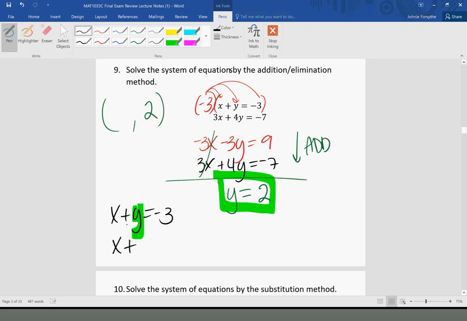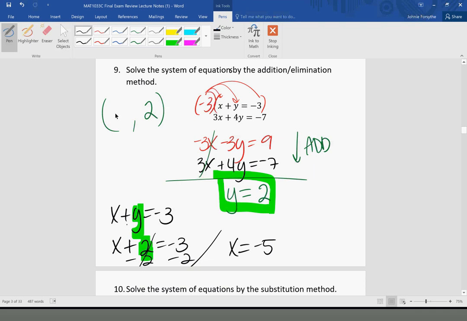So x plus 2 equals negative 3. And so I'm going to solve for x by subtracting 2. So x equals negative 3 minus 2 is negative 5. And that is your other half of your solution.